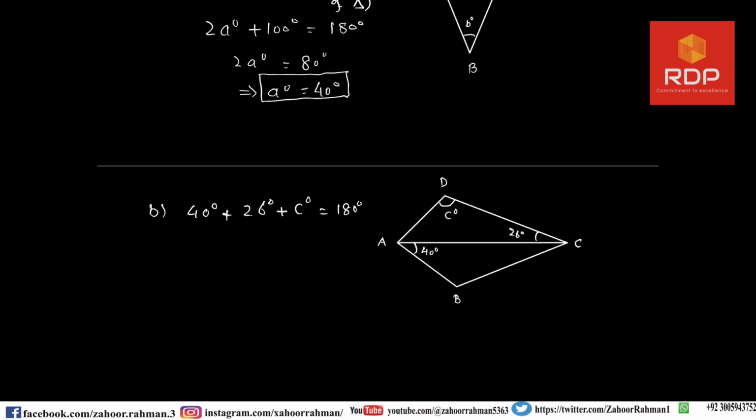one diagonal bisects the interior angles. This is a diagonal, let me write, one diagonal bisects the angle, and this is a diagonal line, and they are bisecting this angle in two equal parts.